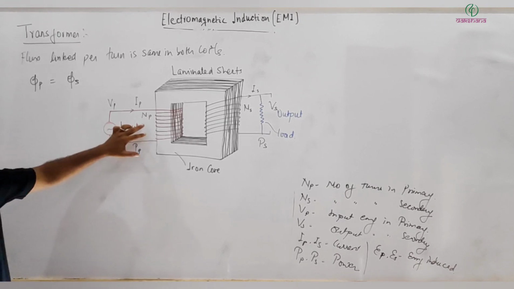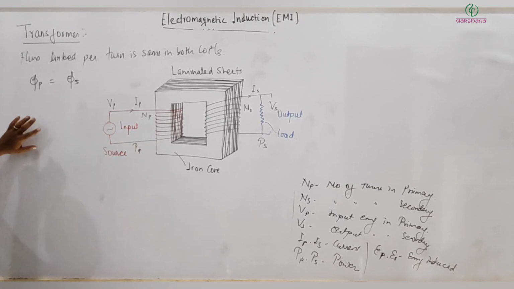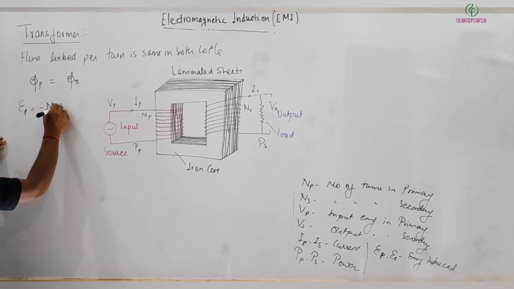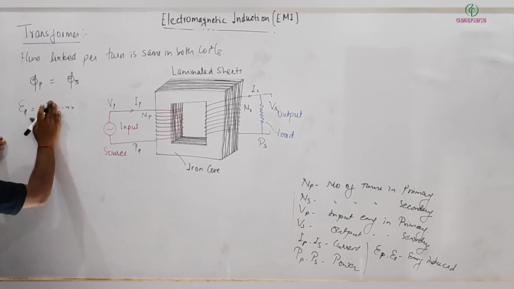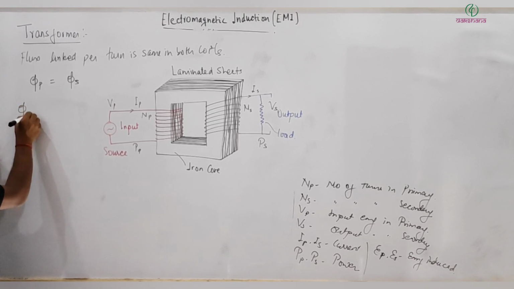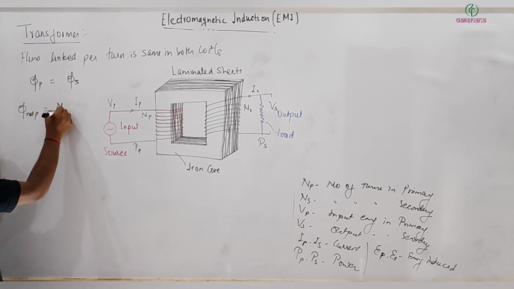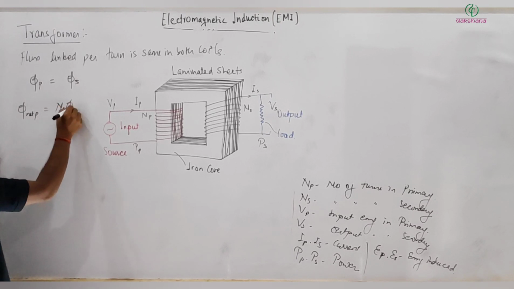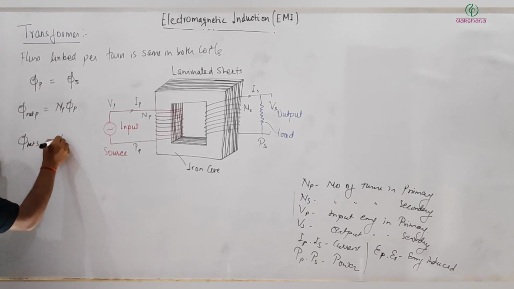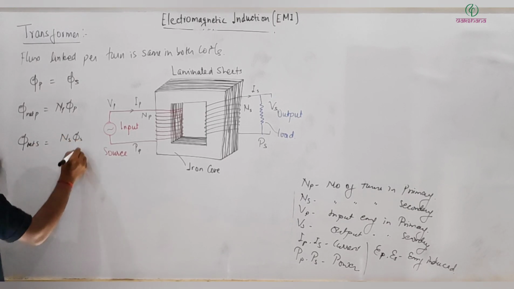Now there are NP turns, so I can write EMF primary will be equal to minus NP into d phi, because the total flux will be what? Phi net in primary will be NP into phi P. Similarly, phi net in secondary will be NS into phi secondary.